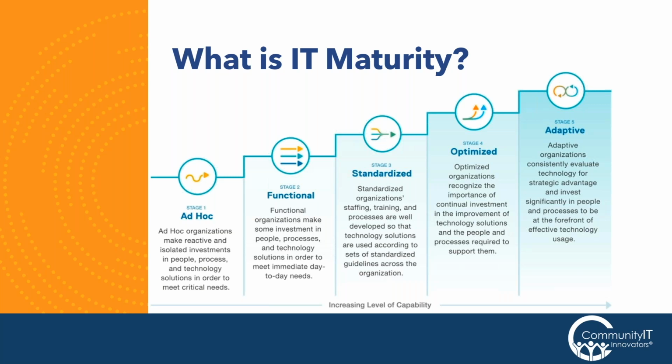And that may not be necessary for your organization, depending on your mission, depending on the work that you're doing. So an organization that's very data-driven, a nonprofit that is using technology to deliver its mission might need to go to stage 4 or stage 5. But other organizations that don't have the same intensity of technology requirements may be fine with standardized.